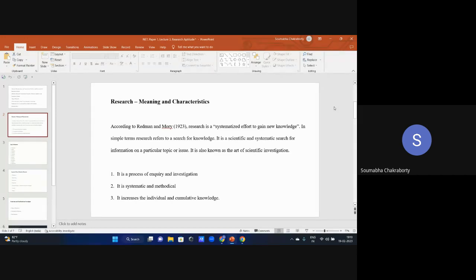Applying the outcome of research for the refinement of knowledge in other subjects or in enhancing the quality of human life also becomes a kind of research and development.